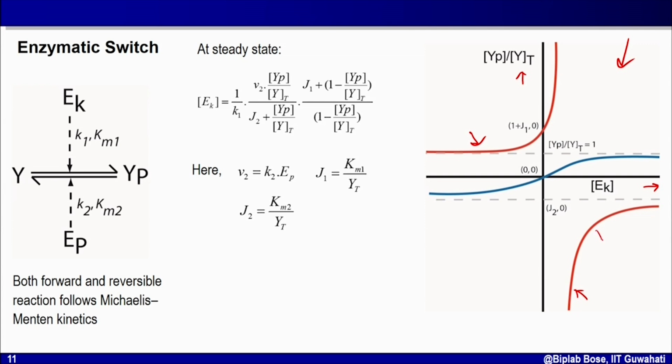These red lines are all coming from this algebraic relation that we have derived just now. Now in this particular red line, Ek is positive, but Yp by Yt is negative. That is not possible in our system. Mathematically that may be possible, but I cannot have a negative value for the fraction of the protein phosphorylated. So I will not bother about this one.